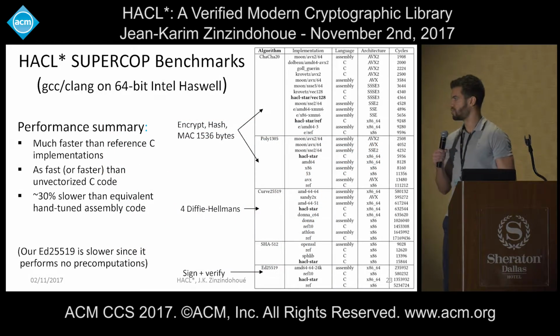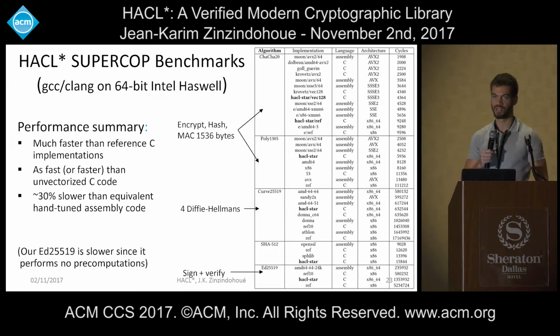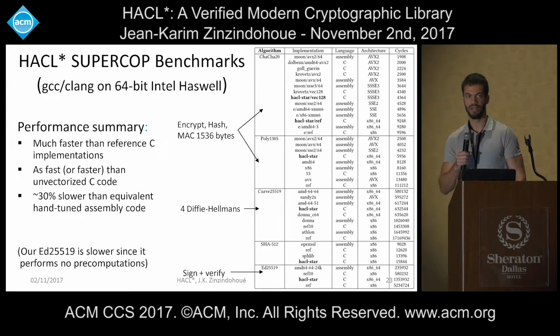Now, the chart is a bit small, but basically what you need to take away from those SUPERCOP benchmarks is that compared to the SUPERCOP reference implementation, we are systematically faster. The only caveat is Ed25519, which is a signing algorithm, because we're not relying on pre-computation.